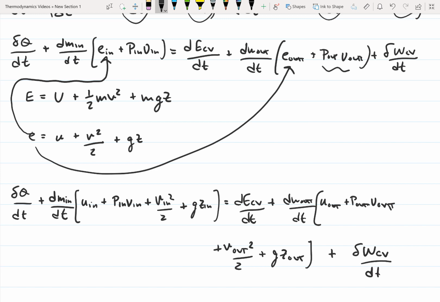So now if we look at this, remember that U plus PV is just the enthalpy, so this is h in, and then we have U plus PV here, so this is h out.